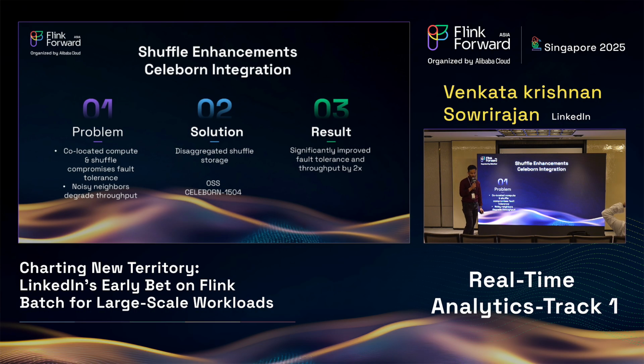So first up, like I mentioned, we have this co-located shuffle and it significantly degraded the overall fault tolerance. Any worker loss, any compute node loss meant that it has to recompute the previous stages.